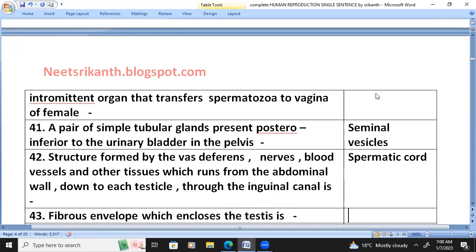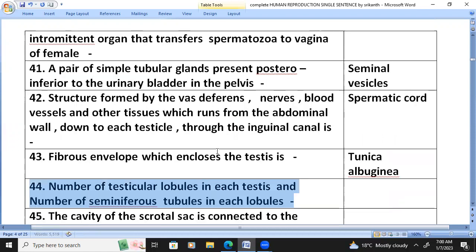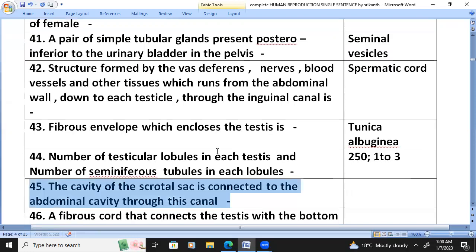The fibrous envelope which encloses the testis is tunica albuginea. Number of testicular lobules in each testis and number of seminiferous tubules in each lobule: 250 testicular lobules are present, and in each lobule we find 1 to 3 seminiferous tubules.